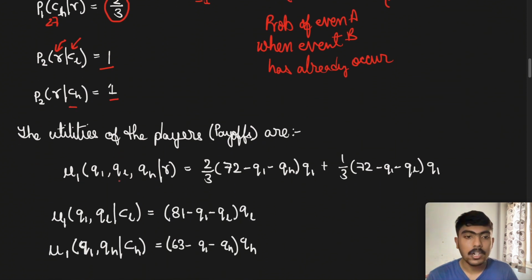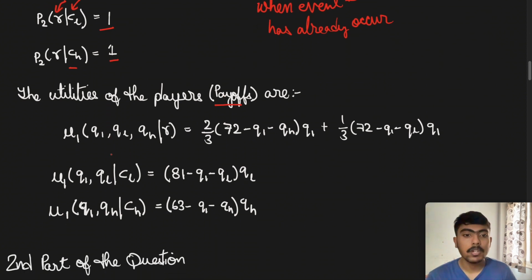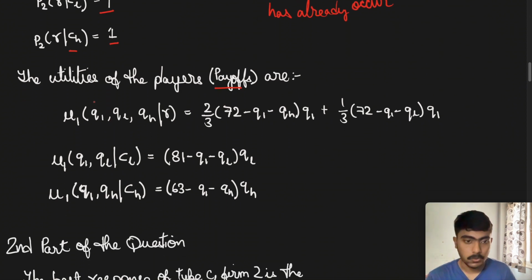Then we come down to the utilities of the players, that is the payoffs. Each game is played because players intend to attain some payoffs, utility or gain from the game. So the utilities of the players are as follows.